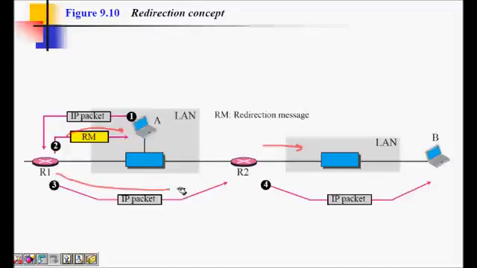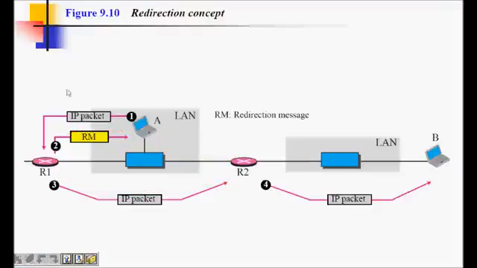R1 will still forward the IP packet to R2 and send an error message saying, please update your table regarding destination address B, your gateway router is R2. This is usually generated in the same network as the host.